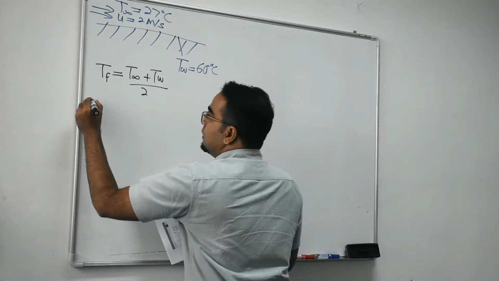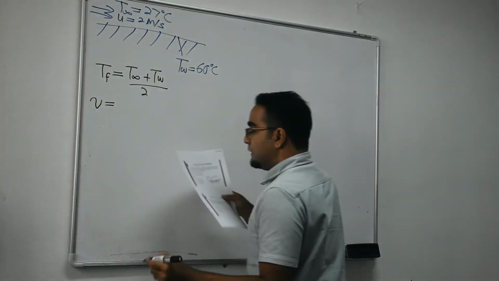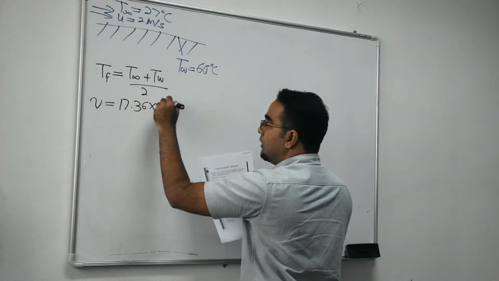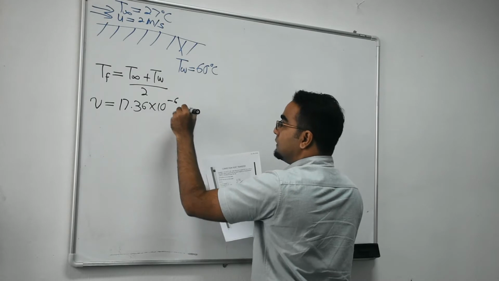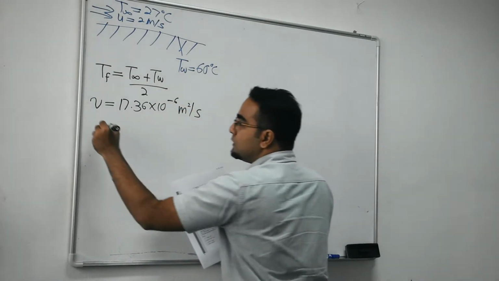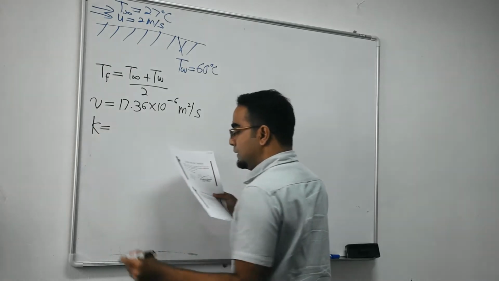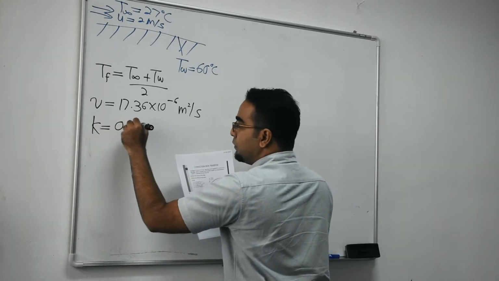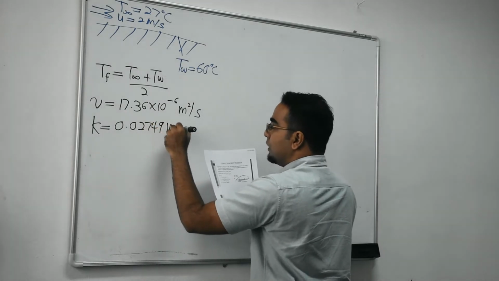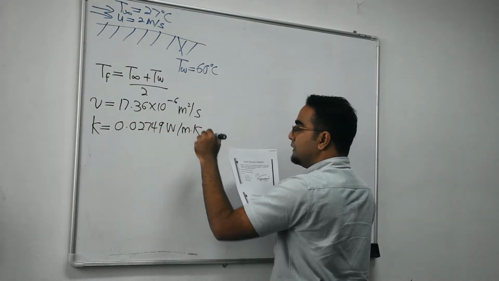So the kinematic viscosity is given as 17.36 10 to the power of -6 meters squared over second. The value of K, thermal conductivity, is given as 0.02749 watt per meter Kelvin.